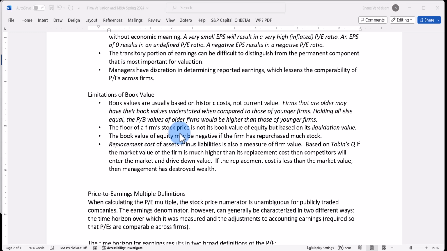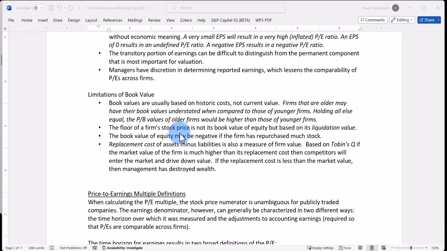The idea, again, of the replacement cost is that the firm can use its assets in a way that increases their value. So what we want to compare, according to Tobin, is how much the assets of the firm are worth in the marketplace compared to how much they are worth to investors.